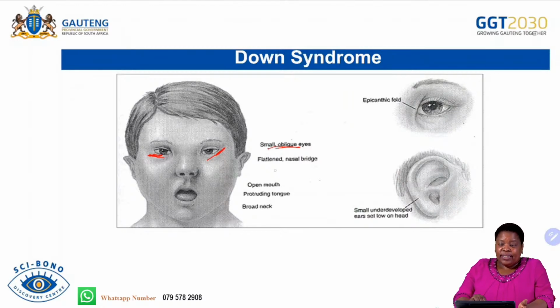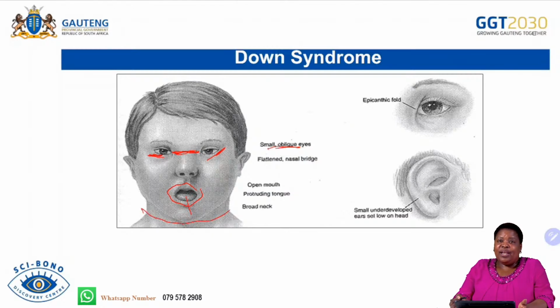Also, you can tell with what? A flattened nasal bridge. Can you see? The nasal bridge is flattened there. And also an open mouth. It's not their choice to just open the mouth. A protruding tongue also. If they had a choice, they wouldn't, right? We've got a broad neck. Look at the neck, it's broad.